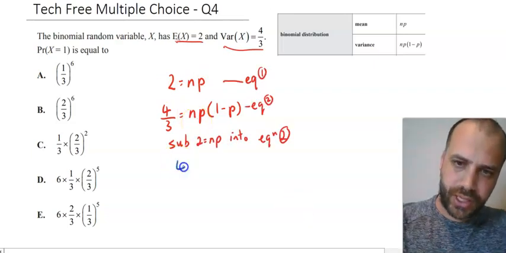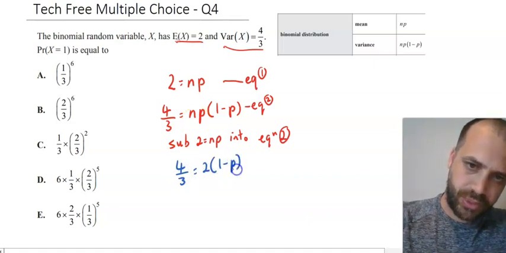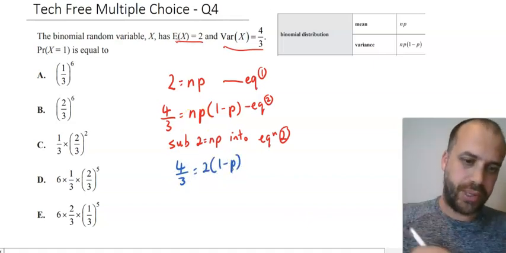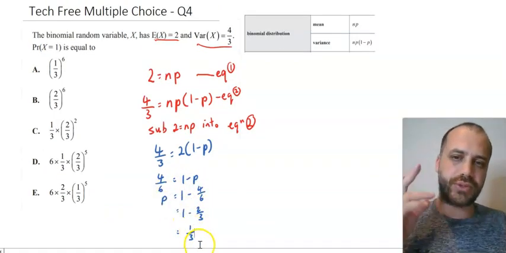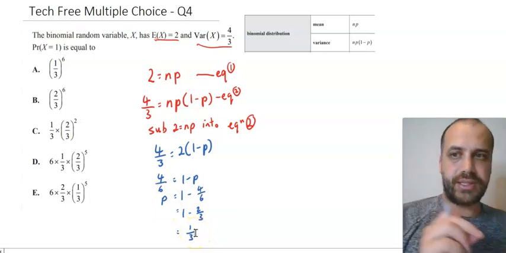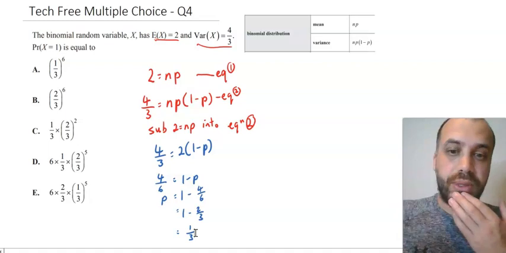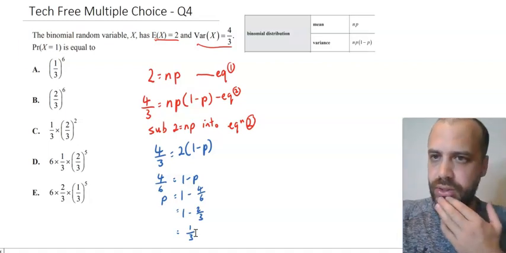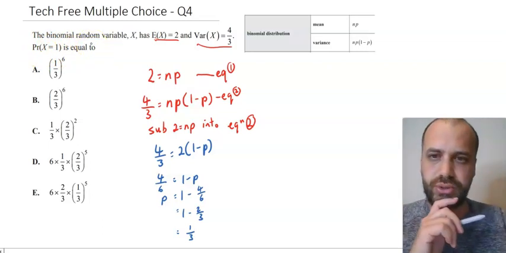So when I do that, it'll be 4/3 equals 2 times 1 minus p, and then solve that for p. I've gotten to solving that. I'll leave you to look at that, but p equals 1/3. That is, the probability of success equals 1/3. Now that we know that, we can say that the probability that x is equal to 1 is equal to.